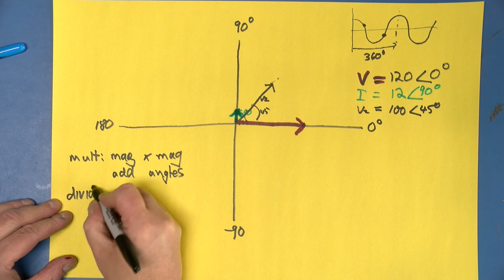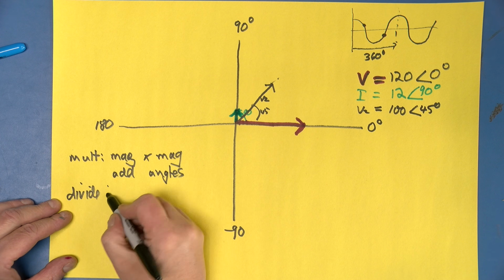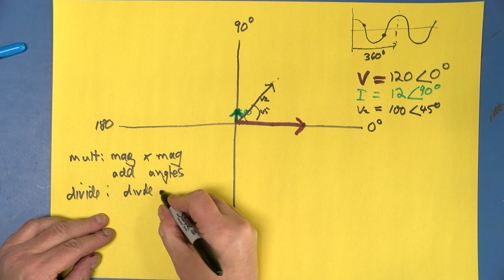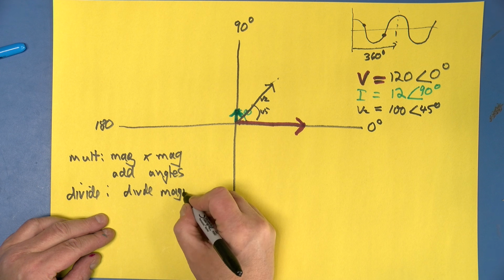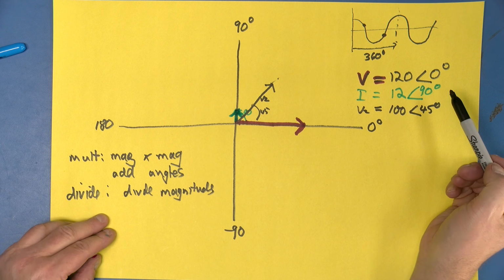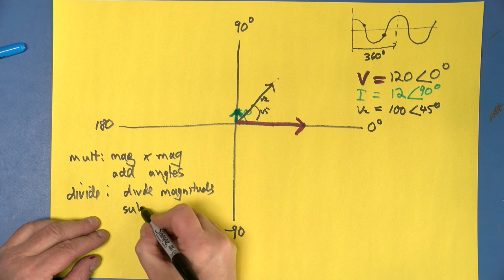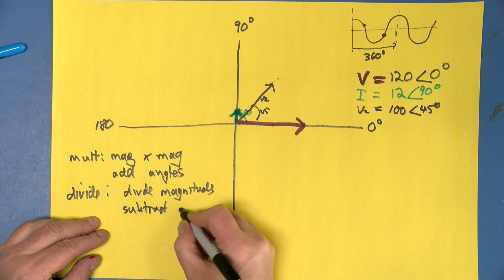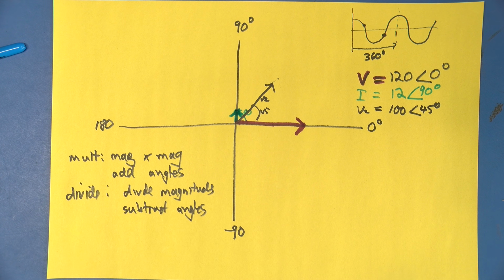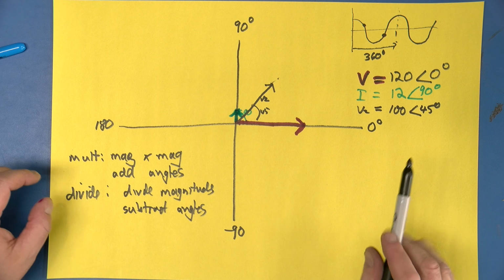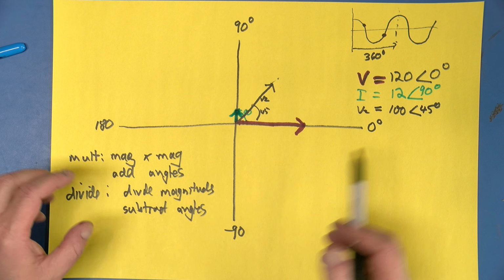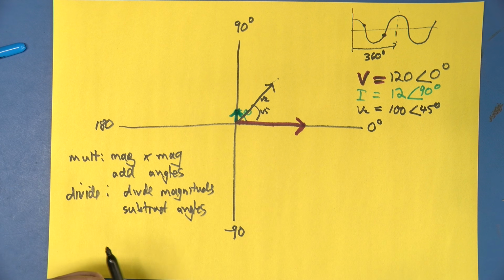Divide, which is really the opposite operation of multiplication, is, well, we divide the magnitudes, just as if there was no angle at all, and then we subtract the angles. Now, in terms of why that is, I think the best point right now is just to accept that there's a fair amount of math behind it that we really don't want to get into.